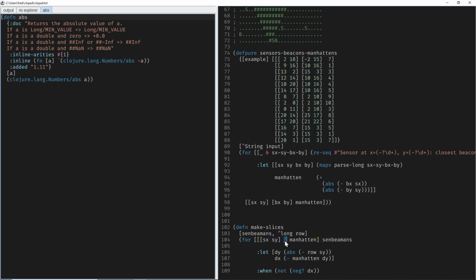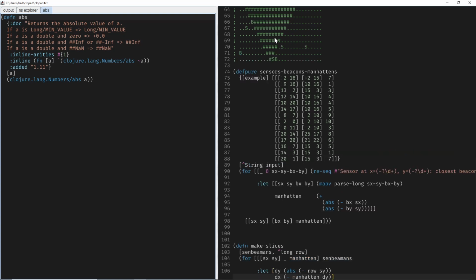The beacon is not interesting, that's why it's an underscore, and the Manhattan distance. And then we see how far apart the row is from the sensor Y position. So how many steps do we already go in the Y direction? And then the rest of the steps is the difference from the Manhattan distance. That's what we can still go in the X direction.